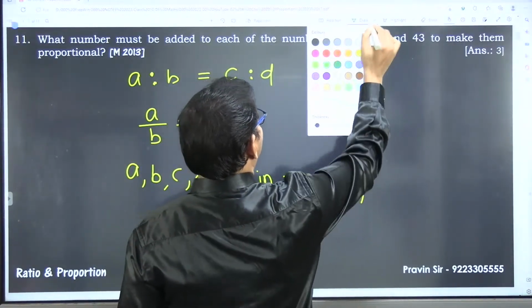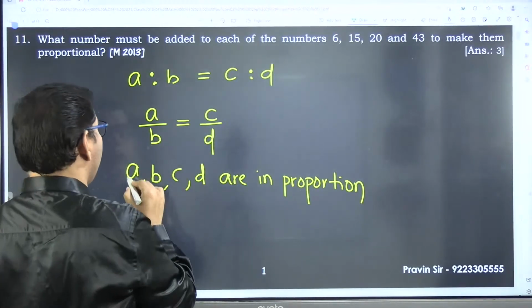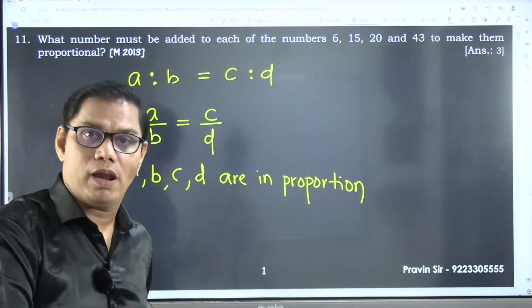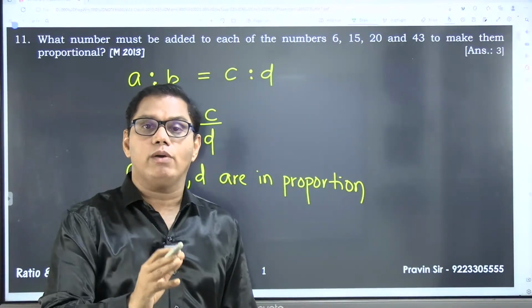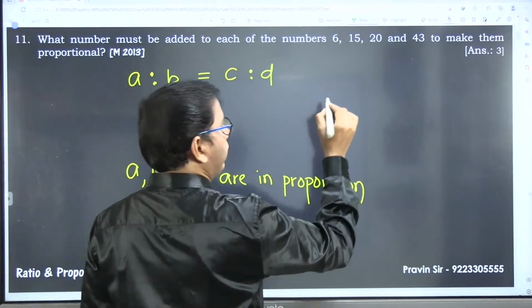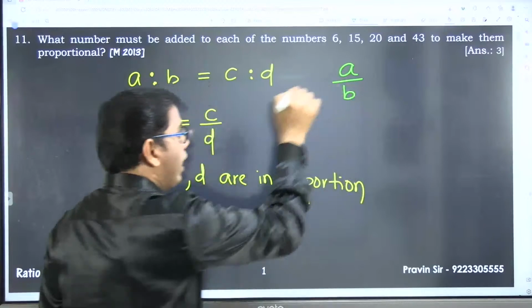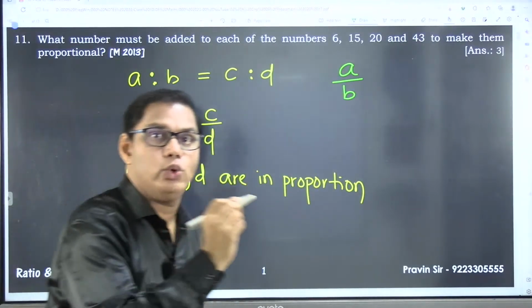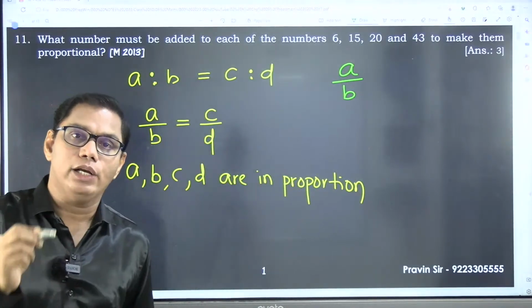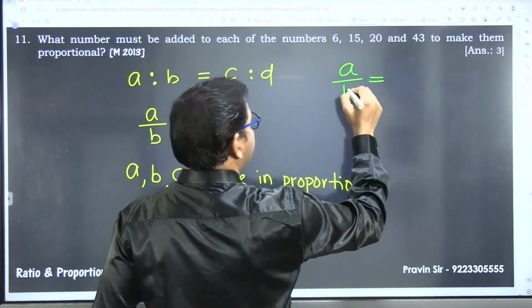There are two kinds of proportion. One is the plain simple proportion, and the second one is the continued proportion. Now have a look over here. Suppose I take A upon B, my numerator is A and denominator is B, and I write this ratio in the continued form.